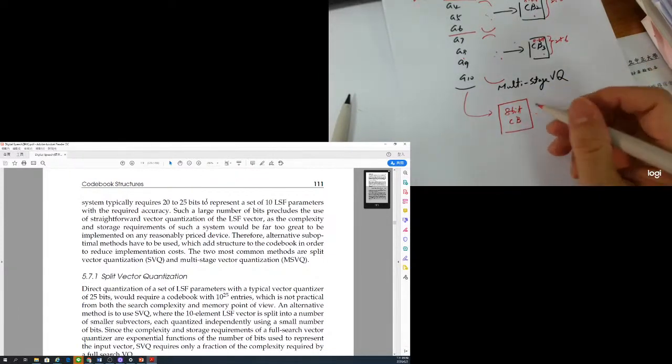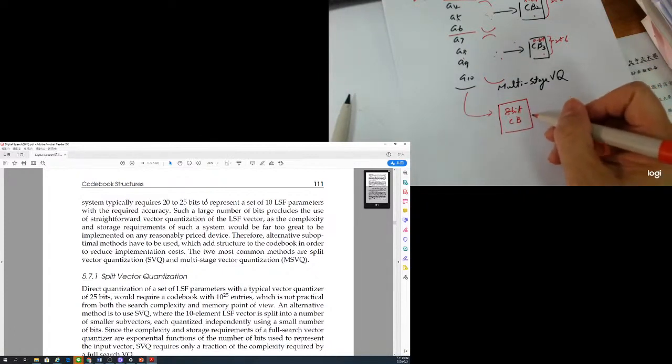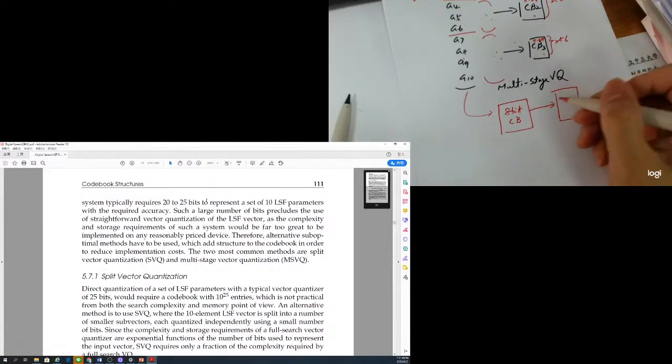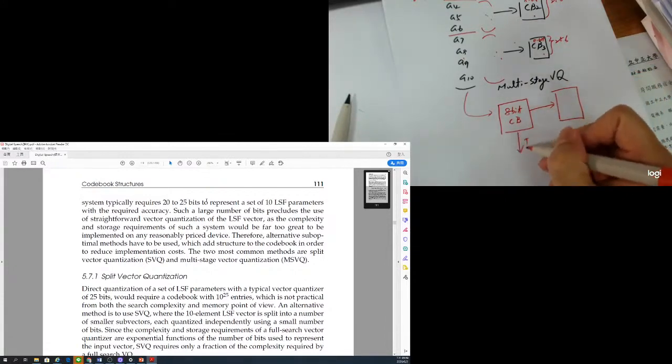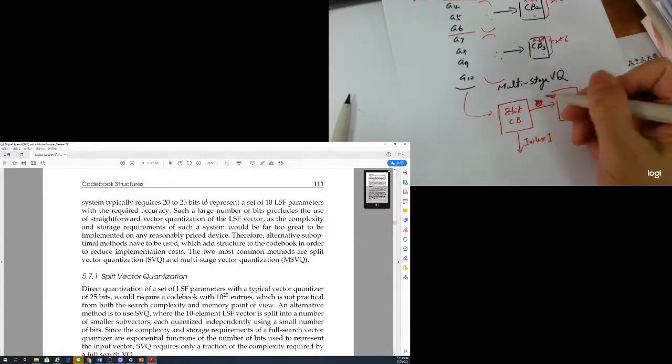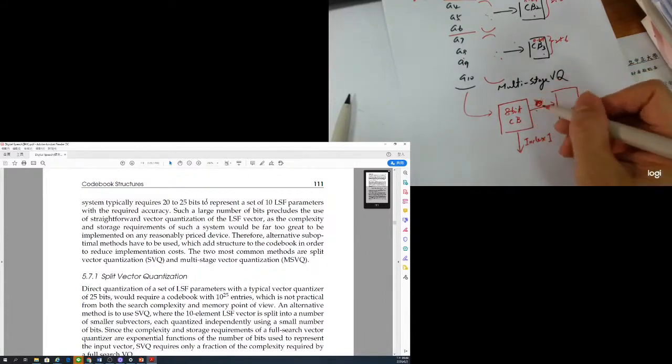You do the quantization, and then you have a distortion. Then the second codebook. You have an index coming out, index 1, and then with the distortion, you have a best match, so you have a difference vector. This is your best match difference vector.